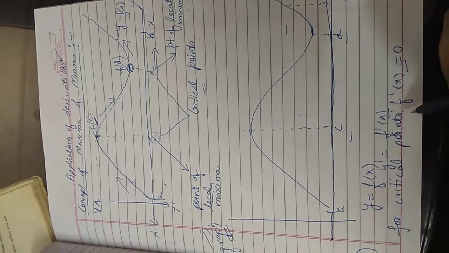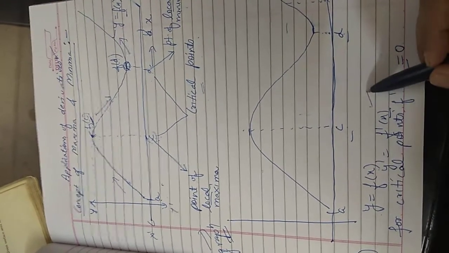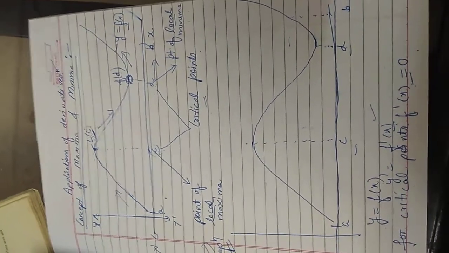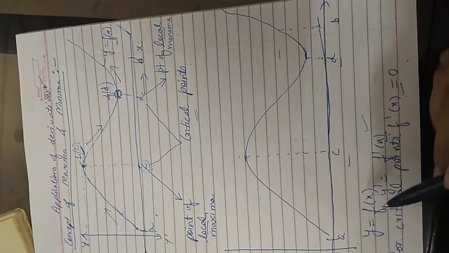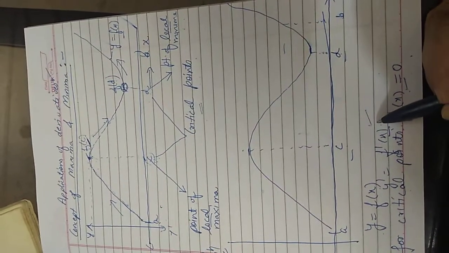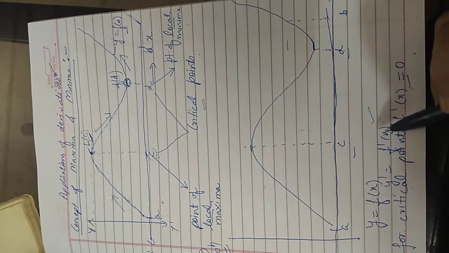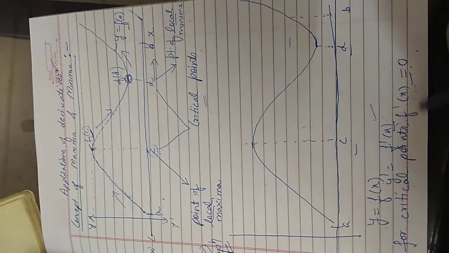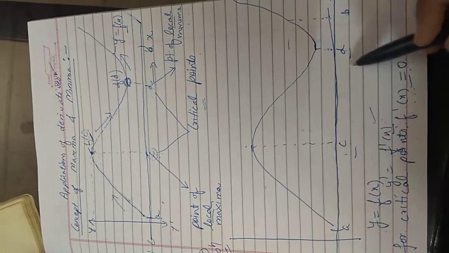So here how are we getting the critical points? We find the derivative and then equate the derivative to 0. Let us assume we have a cubic function, so that when I differentiate it I get a quadratic, and when I equate the quadratic to 0 I get 2 points.